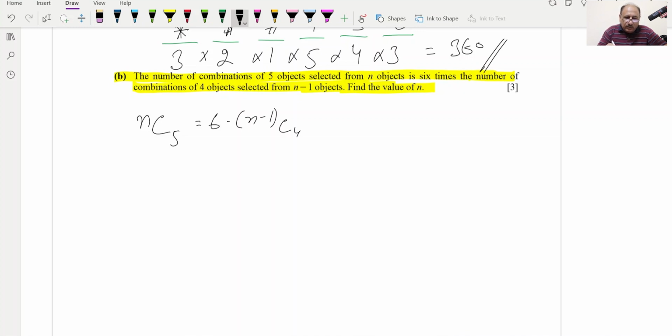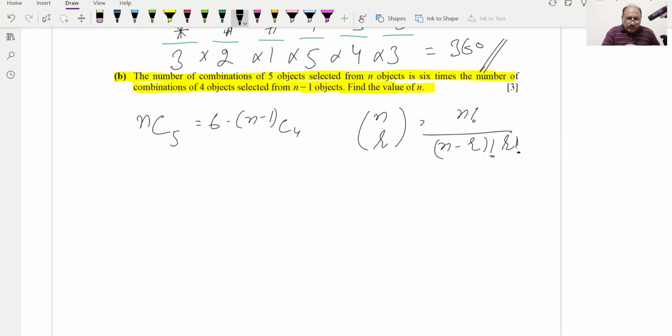We can write the nCr formula also, because nCr is equal to n factorial over (n minus r) factorial over r factorial.